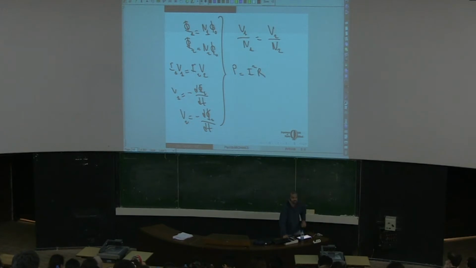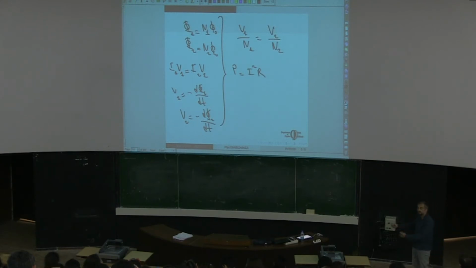Now, of course, there is one thing that you should pay attention to. This relation holds only if there is a changing flux. The flux should be changing. That is, if you want to change the flux, you should be changing the current in your initial system. So for a direct current, you cannot use this.